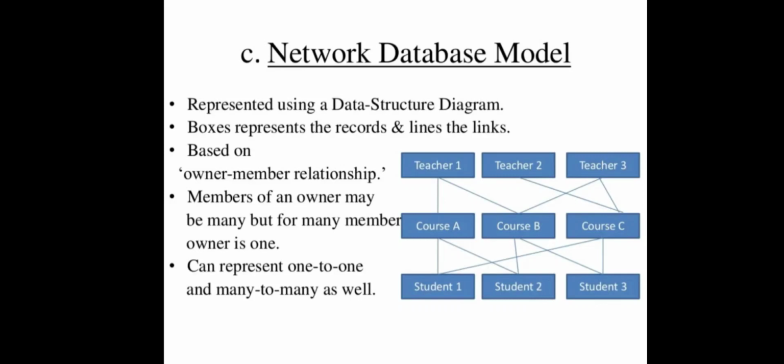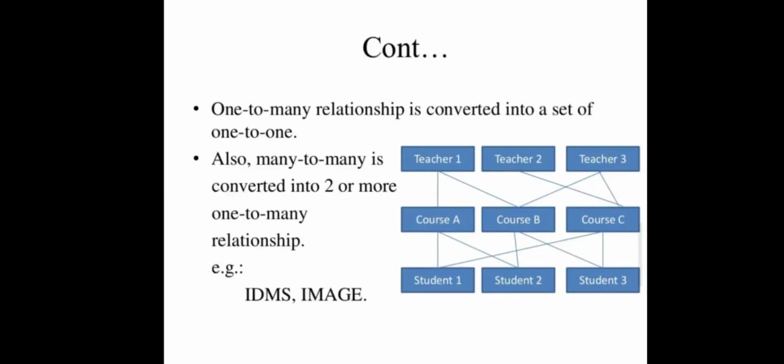Is it clear? This is your network database model. One-to-many relationship is converted into a set of one-to-one. Also, many-to-many is converted into two or more one-to-many relationships. For example, imagine Teacher 1, course name ABC, Students 1, 2, 3. Teacher 1 to many students, and many to one, is the example of this.